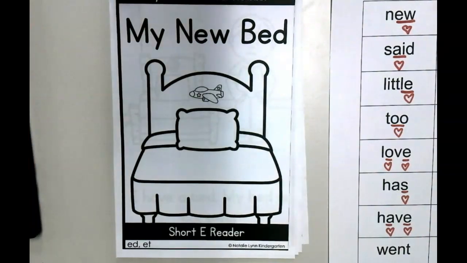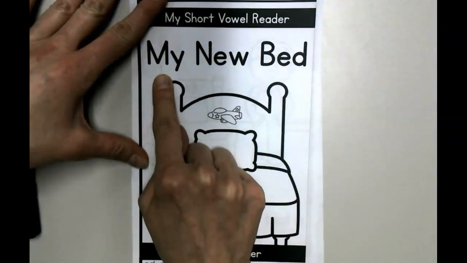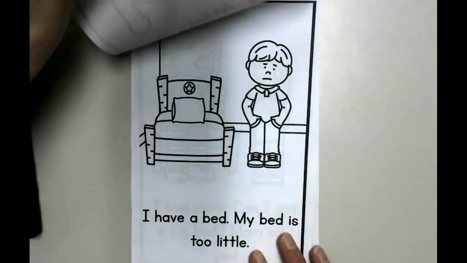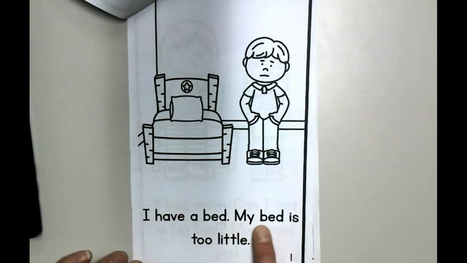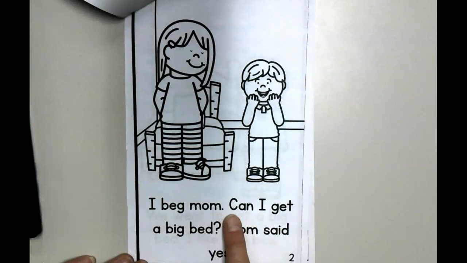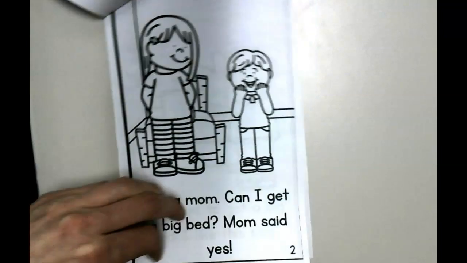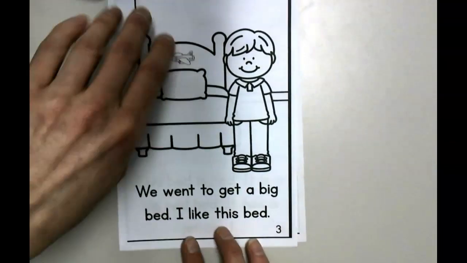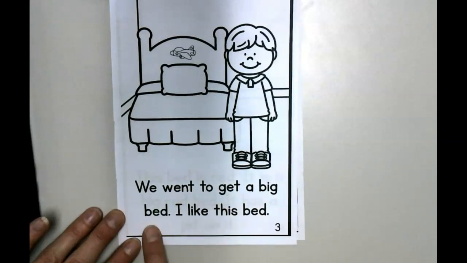Now we are going to read this book together. Read aloud with me as I point. Ready? Let's read. My new bed. I have a bed. My bed is too little. I beg Mom. Can I get a big bed? Mom said yes. We went to get a big bed.